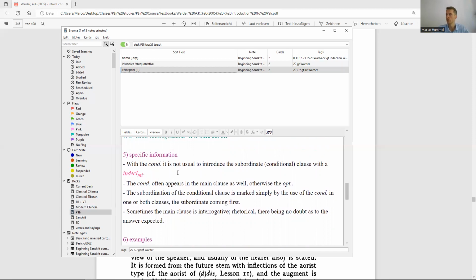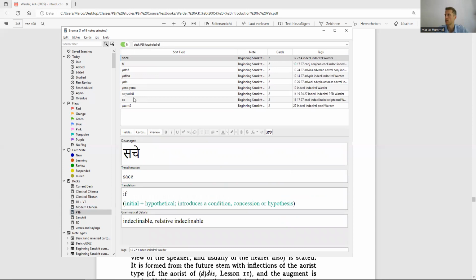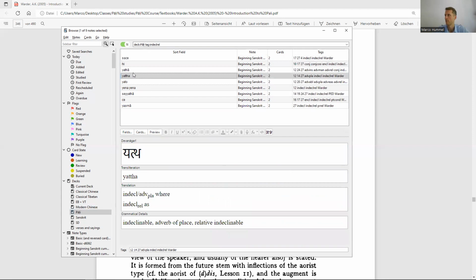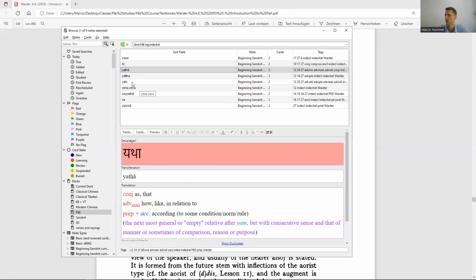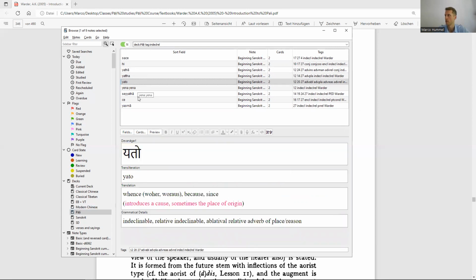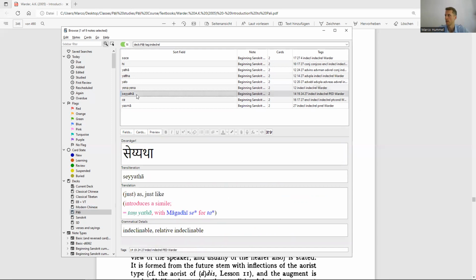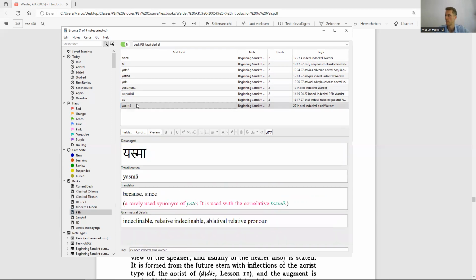With the conditional, it is not usual to introduce the subordinate or the conditional clause with a relative indeclinable. Relative indeclinables, we can quickly revise a bit. For example, sace, if, or the short form ce, if, hi, for, yatha, as, yato, whence or because, since, yena, wherever, yatha, just as, just like, and yasma, because, since.